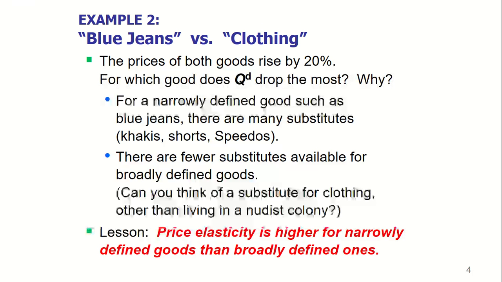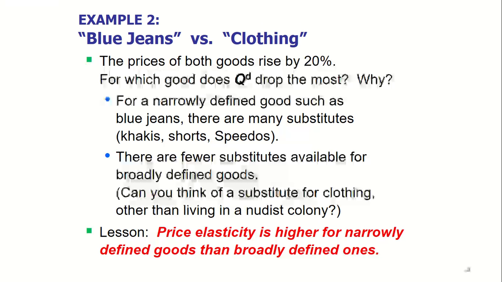So you are looking at two alternative scenarios here. In the first, the price of blue jeans and no other clothing, so specifically blue jeans, rises by 20% and we would observe the percentage decrease in quantity of blue jeans demanded. In a second scenario, the price of all clothing rises by 20%.